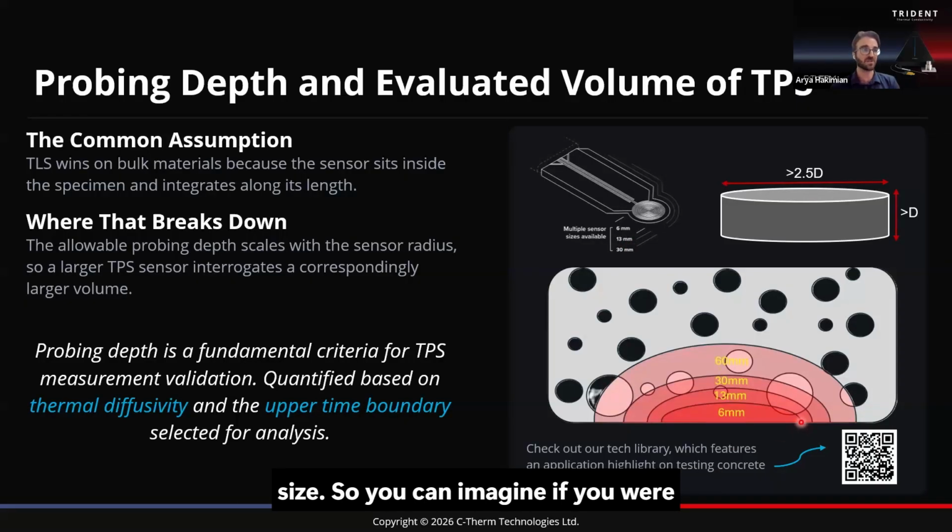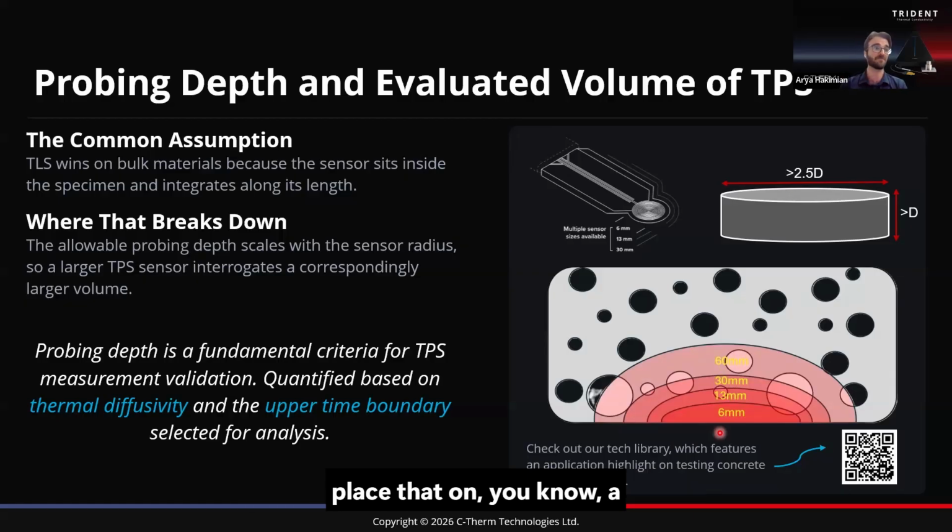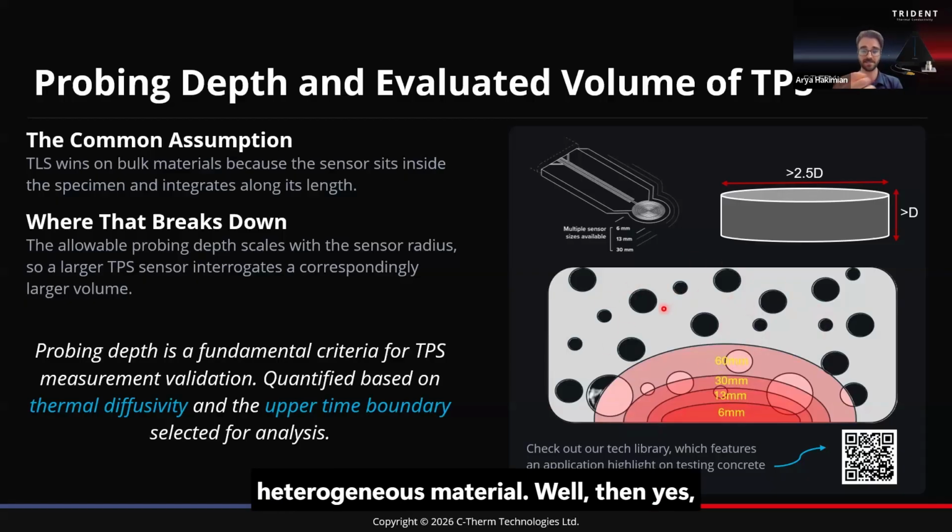You can imagine comparing a very small TPS sensor, a 6 millimeter, or even some of the smaller ones down to 1 millimeter, placed on a heterogeneous material. Then yes, a needle probe, which is inserted down, is going to capture more volume and be more representative.